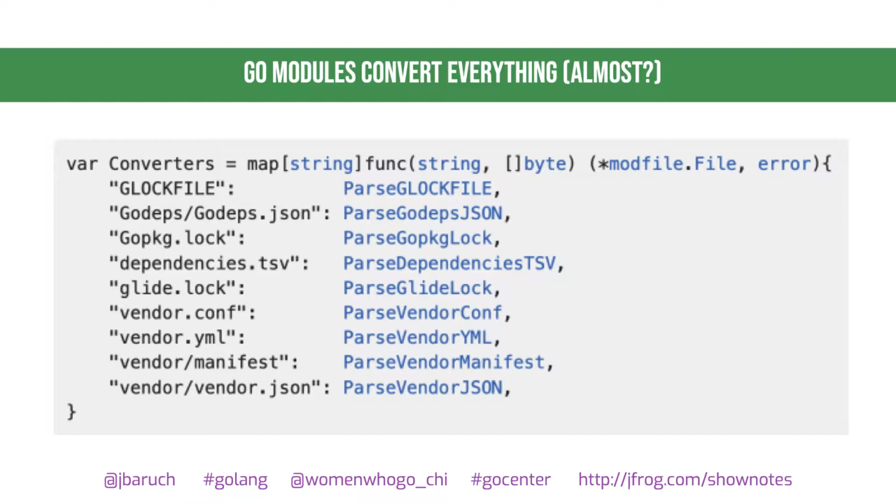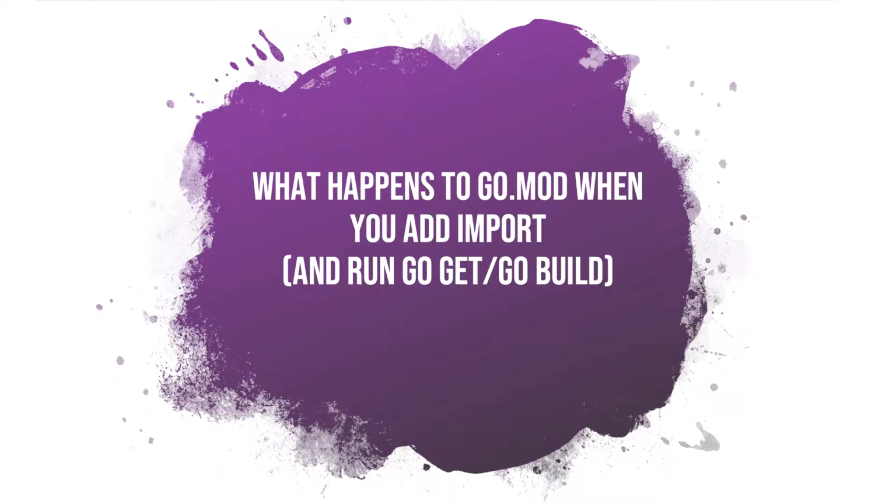It will read their descriptors and learn which dependencies and which versions should be automatically added to the go.mod file. If you didn't use any of those, it will read your imports in your code and will build again the list of all the third-party dependencies that you use. Obviously, the question is, what version should it use?